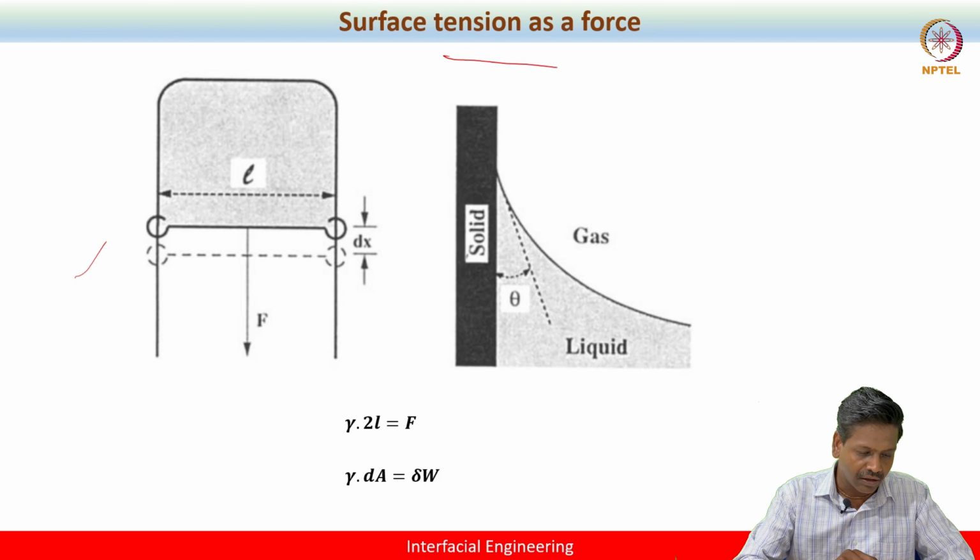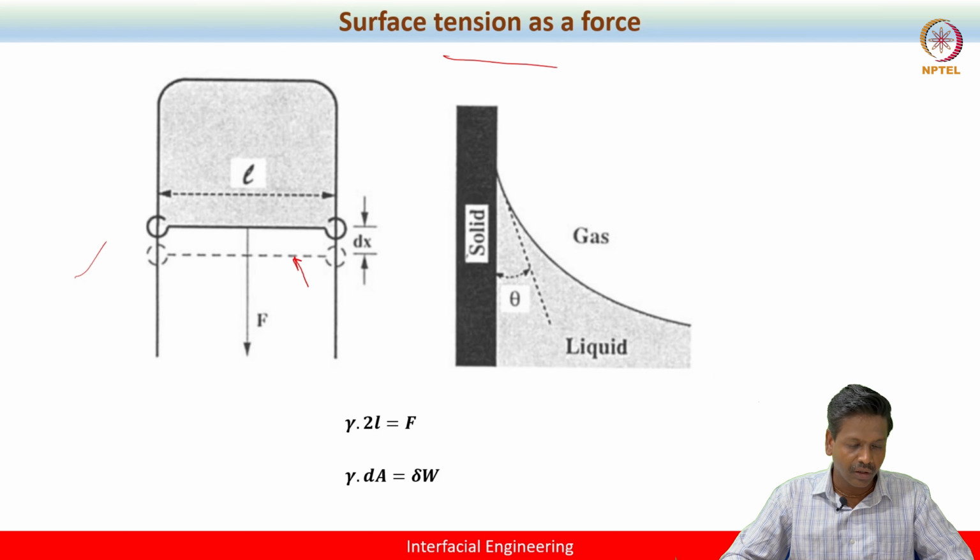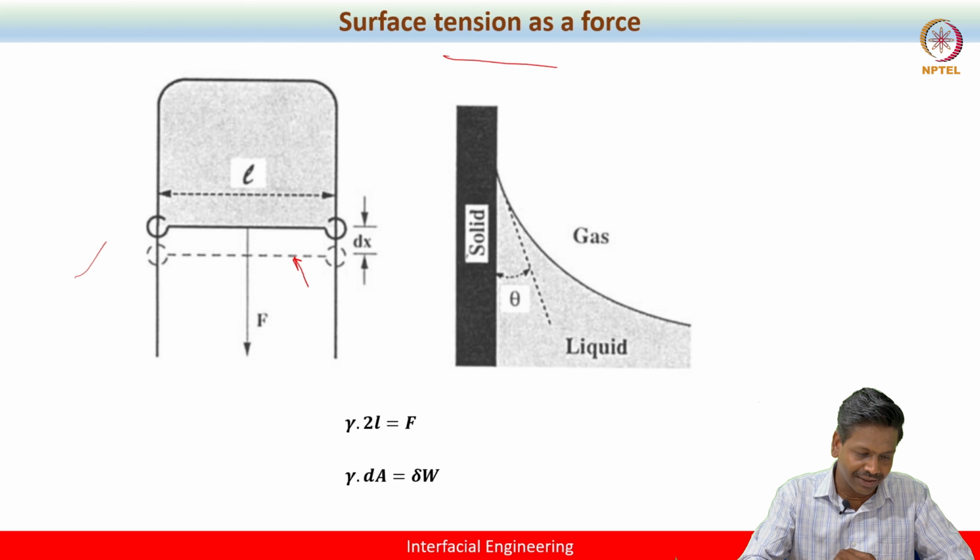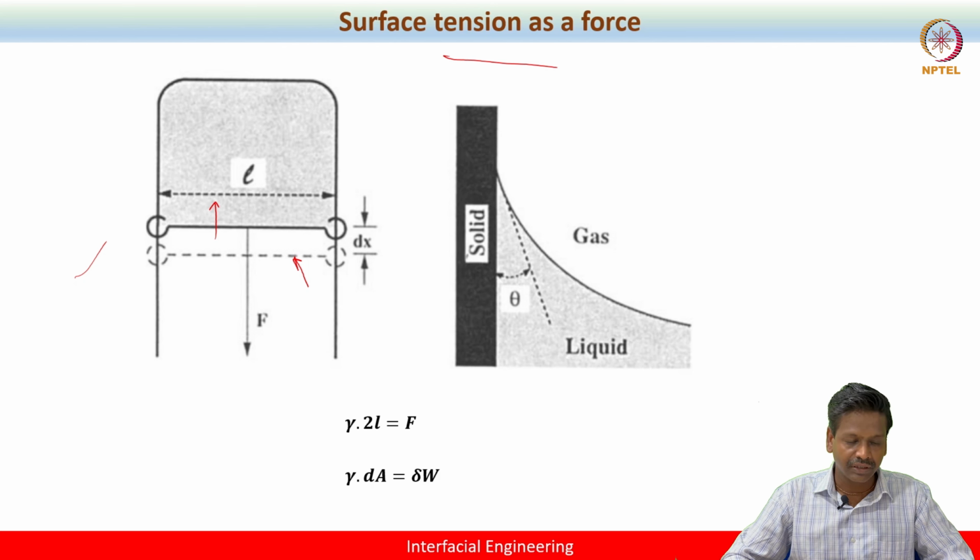Now this dotted line represents the thin wire which was placed at time t equal to 0, and this solid line represents the position of the thin wire after some time t, after the action of surface tension has taken place. So you can see clearly, because the surface tension acts downward in this case, it will pull this wire inward.